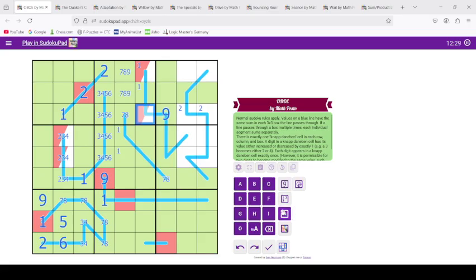I guess I could put this is 3, 4, 5, 6. Line is one of those two cells. I guess this is worth noting. This is 3, 4, 5, or 6 as well.